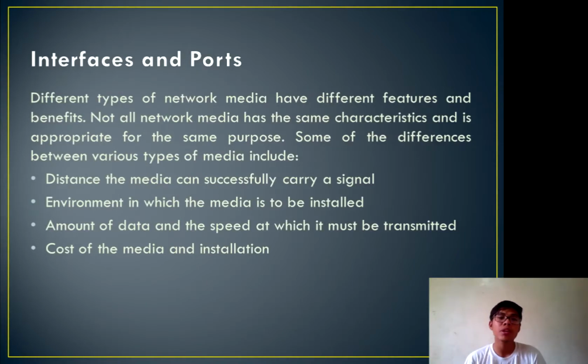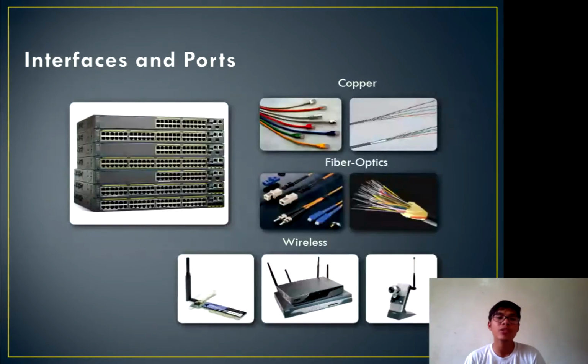Interfaces and ports. Different types of network media have different features and benefits. Not all network media has the same characteristics and is appropriate for the same purpose. Some of the differences between various types of media include the distance the media can successfully carry a signal, the environment in which the media is to be installed, the amount of data and the speed at which it must be transmitted, and the cost of the media and installation.